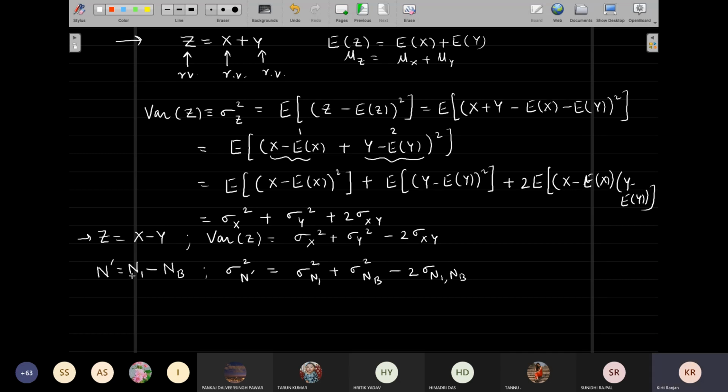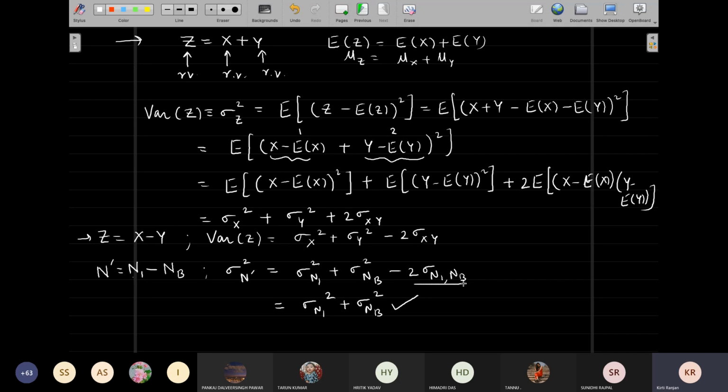Only if n1 and nb are uncorrelated, or n1 and nb are independent, then you can write this to be this. And I'm pretty sure that those who are doing nuclear physics experiments can correlate with this expression, sigma n1 square plus sigma nb square, that if you want to find out the error in n prime, then that is equal to the error square coming from n1, error square coming from nb, and taking the square root of that.